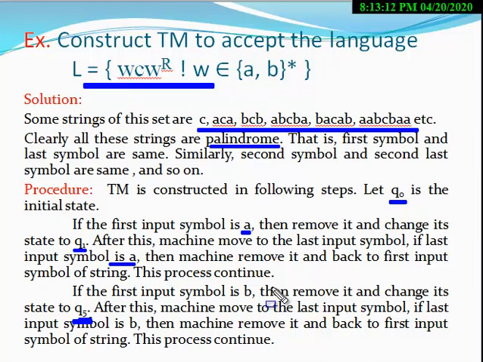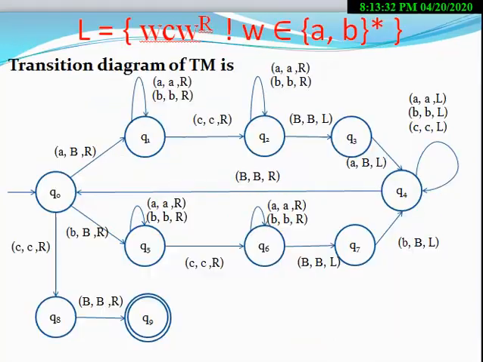Now let us come to design a Turing machine corresponding to this language. Now look, this transition diagram is a Turing machine corresponding to this language. Here we have constructed a Turing machine for this language. Look, this figure is very complex because the Turing machine corresponding to this language is difficult.